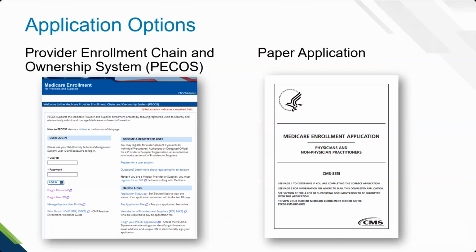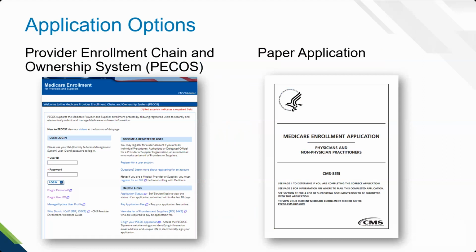Whereas if you are completing the paper application, one of the nice things is that it is available on CMS's website. It is a template. It's a PDF document that you can fill out the fields so you don't have to print it and handwrite it. However, once all of the fields are completed, you will have to print that, you will have to put that in the mail, there is going to be the postage cost, and there's going to be that time frame for that to get to the MAC.